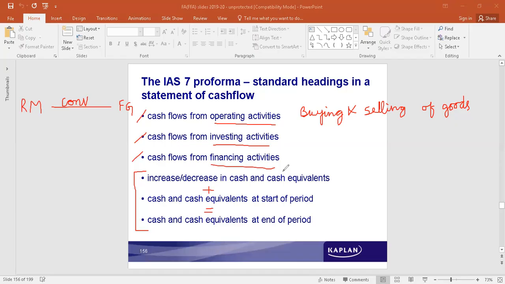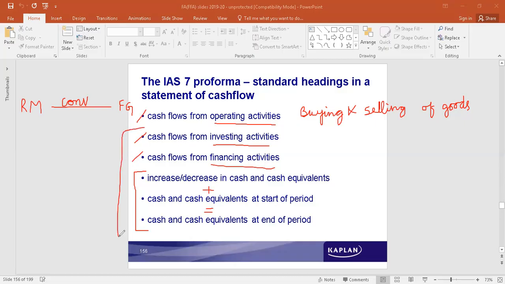Operating activities is prepared in two different ways. So we see that there are two different methods of preparing the statement of cash flow. The difference lies with how the operating activities section is prepared. In both the methods, investing and financing activities are the same. The rest of the cash flow statement is the same in both the methods.